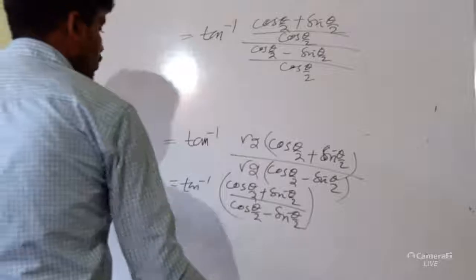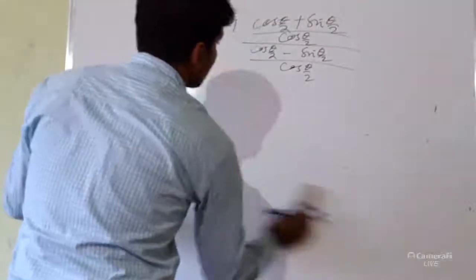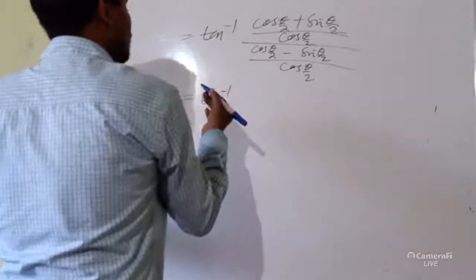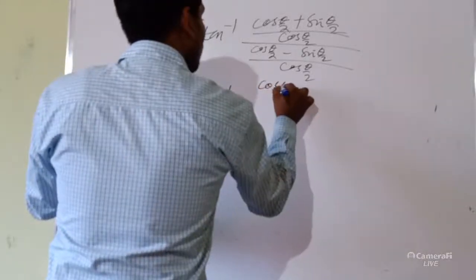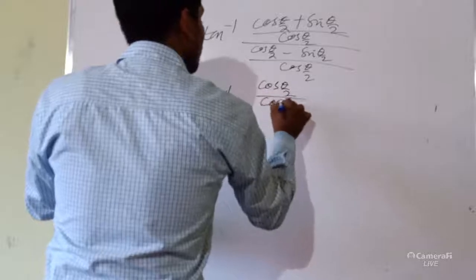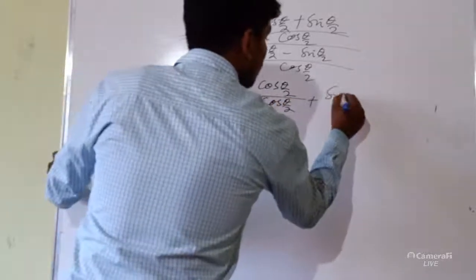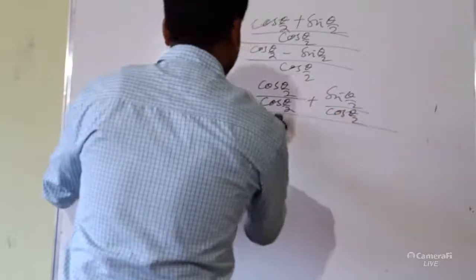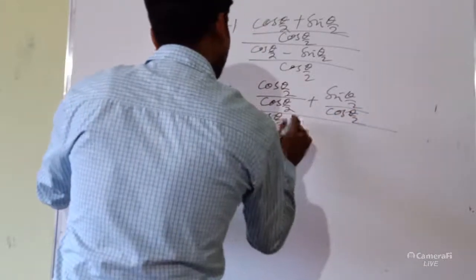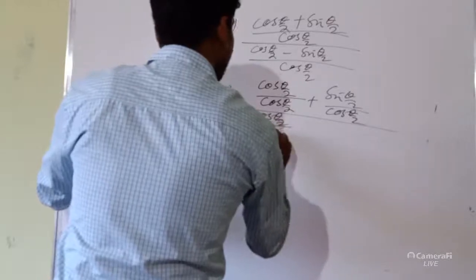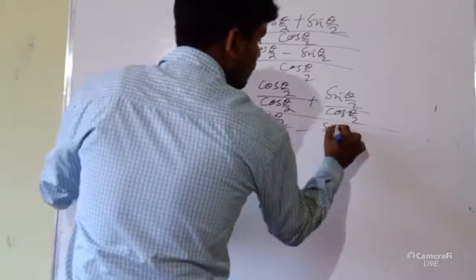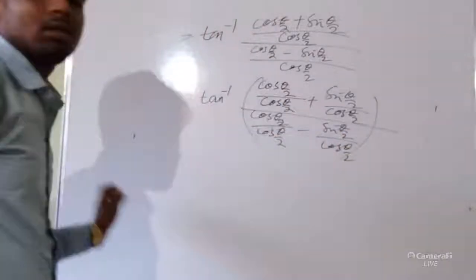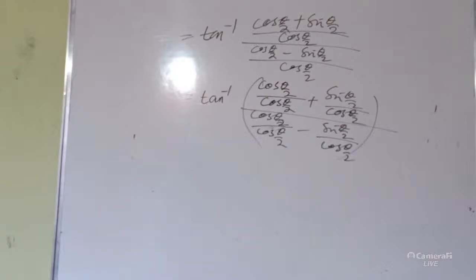Now this becomes tan inverse of cos theta by 2 by cos theta by 2 plus sin theta by 2 by cos theta by 2, and the whole divided by cos theta by 2 by cos theta by 2 minus sin theta by 2 by cos theta by 2. Okay.